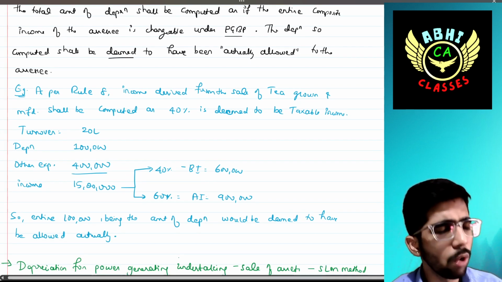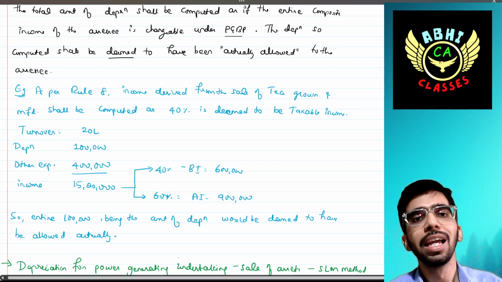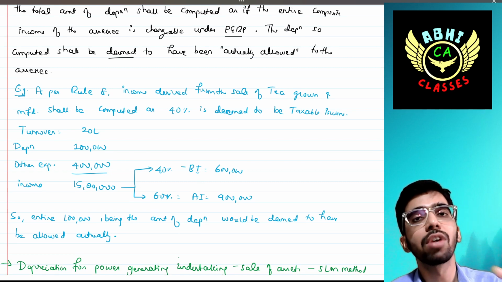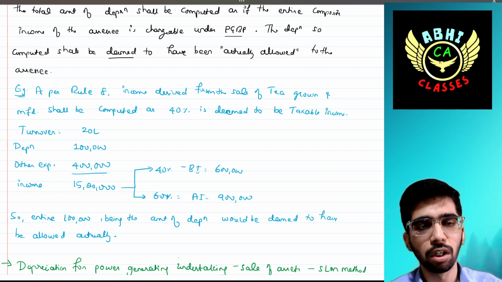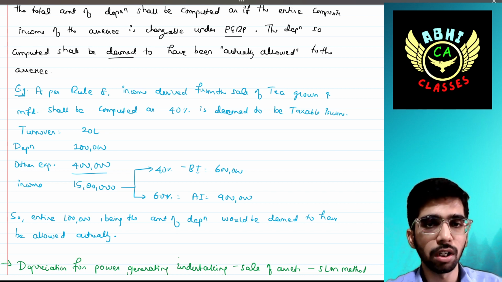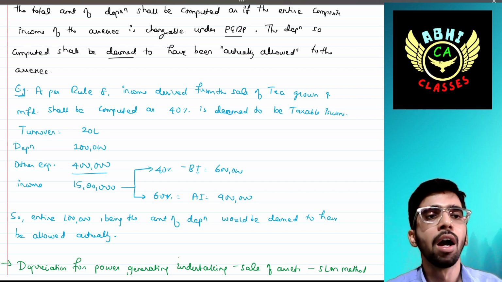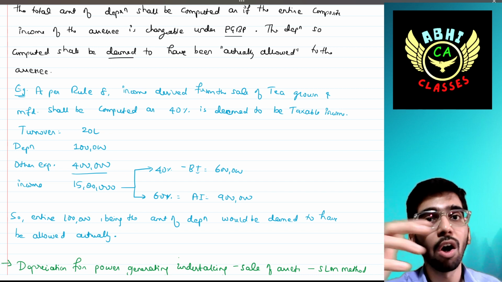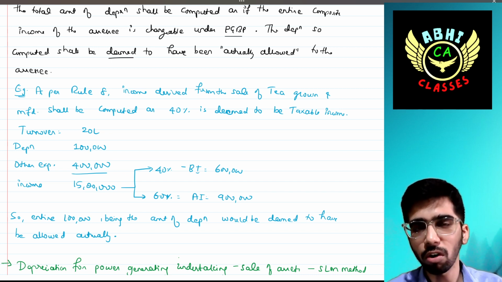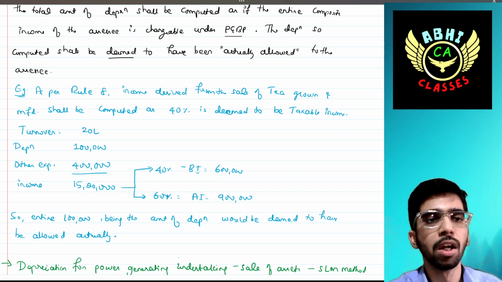As per rule 8, income derived from the sale of tea grown and manufactured shall be computed as 40% taxable income, that is, as business income, right? I hope you have not forgotten that. If you have forgotten, please go and revise the same.